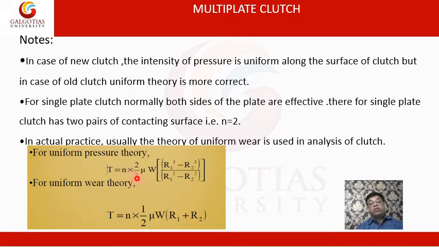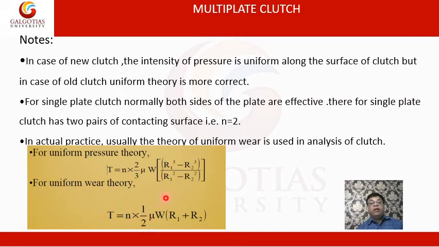So that much more torque will be transmitted by the multi-plate clutch. Other things remain the same. You have already seen this part in the single plate clutch. This is under wear theory; for uniform wear theory, n into 1 by 2.